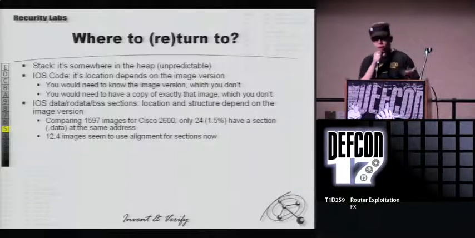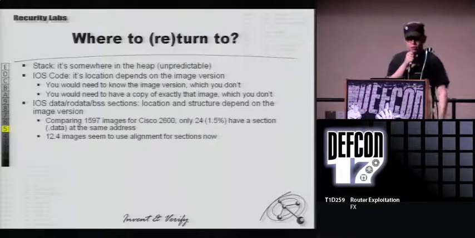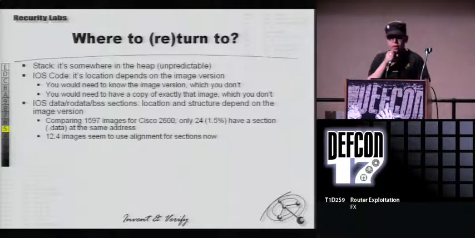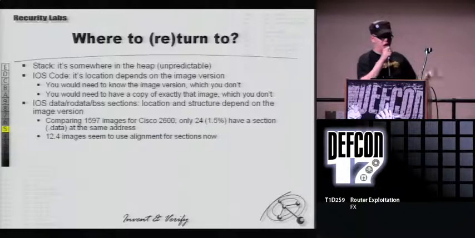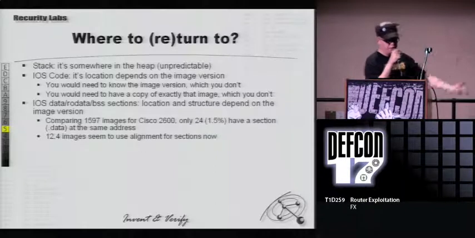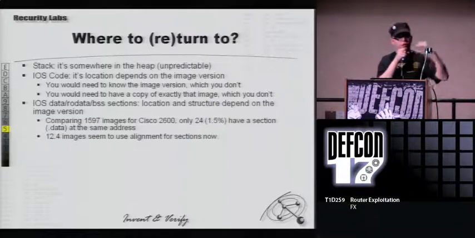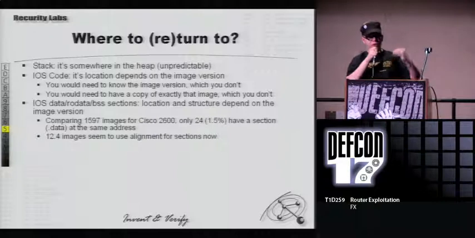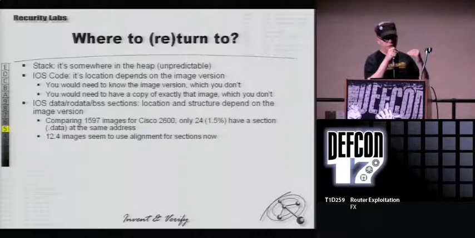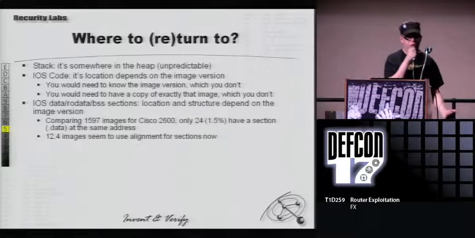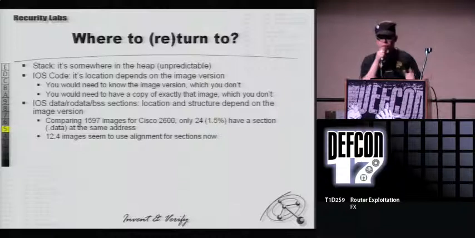So only 24 of them, so it's 1.5%, have a section on a common address, which is the data section, which doesn't mean that it contains the same things. Interestingly enough, in 12.4, they actually started to align things in their images, so I'm seeing proof that they're working on a build process. Stop that.